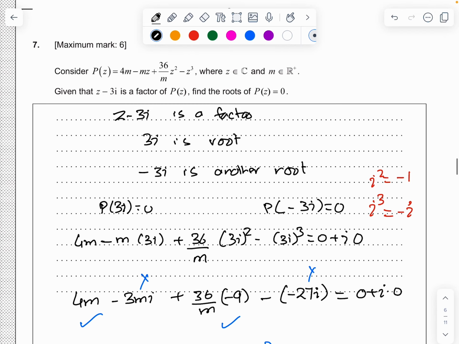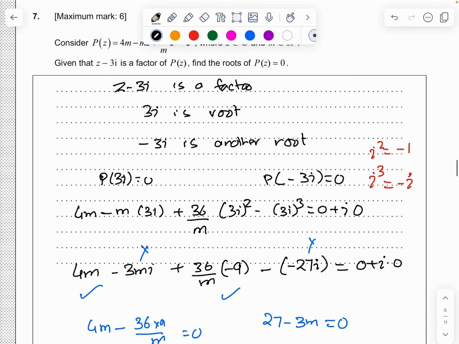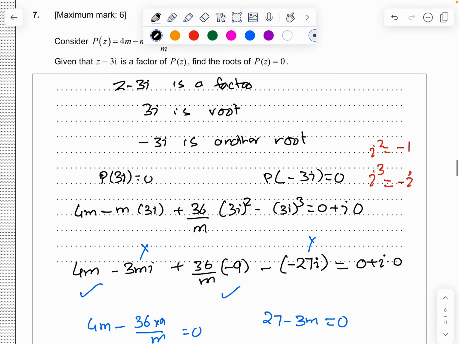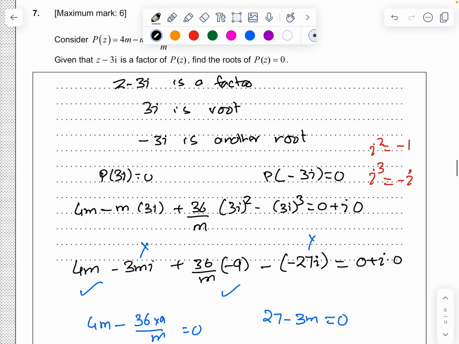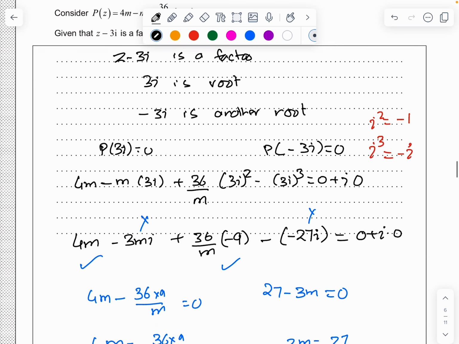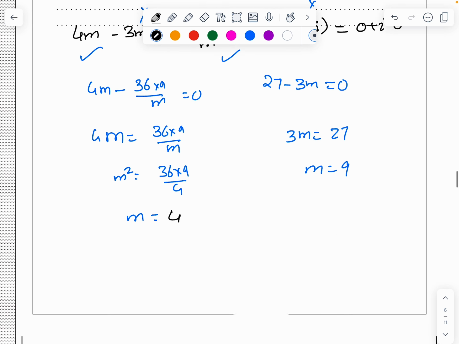What is being asked? Find the other roots. So the third root is going to be nothing but how much? 4. 4 is going to be the answer.